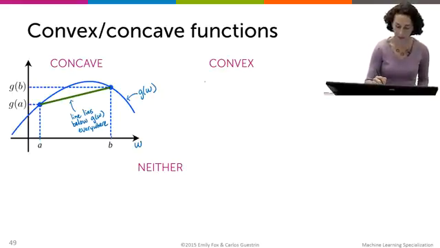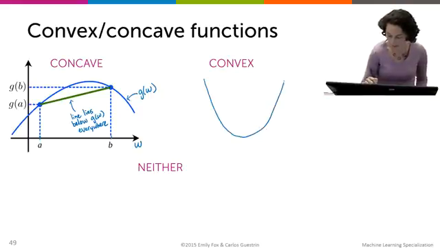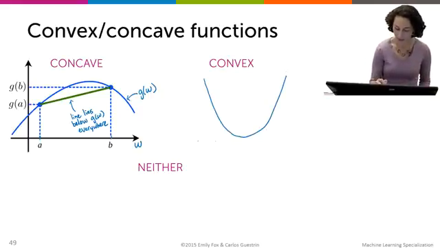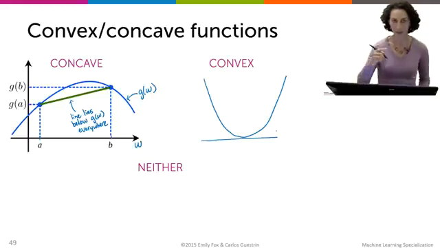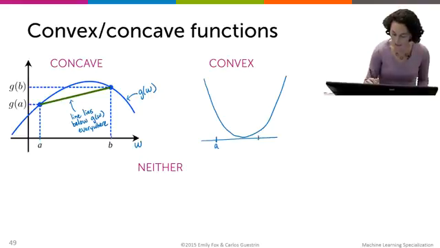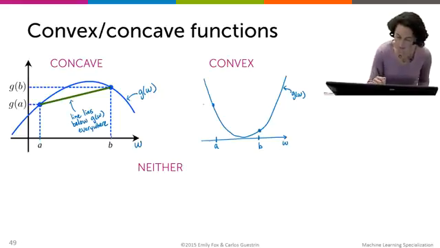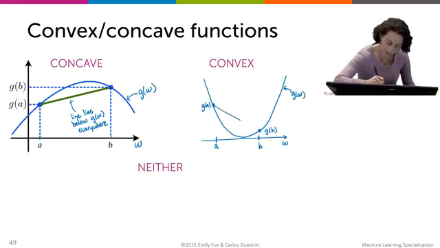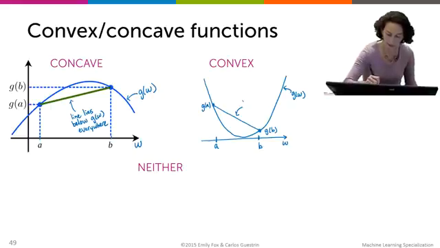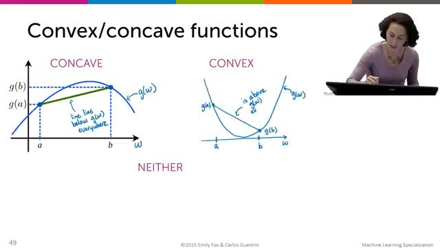A convex function, on the other hand, let's just draw a little picture of a convex function. It has exactly the opposite property, where if you choose any a and any b, so just to be clear, this is w, this is g of w, if I connect g of a with g of b with just a line, then this line is above g of w everywhere.